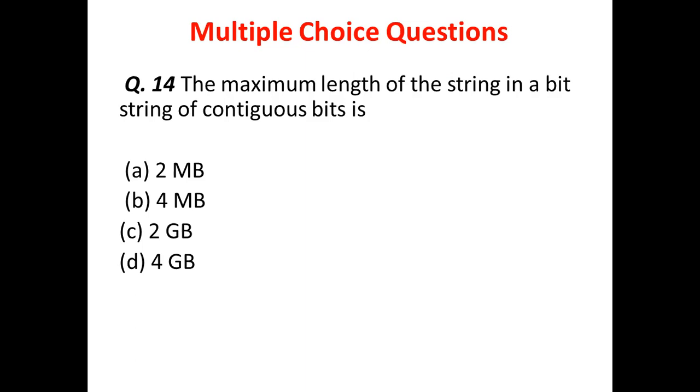So the question is, what is the maximum length of the string in a bit string of contiguous bits? The answer is D. That is, the maximum size of the string in a bit field string is 4 GB of contiguous bits.